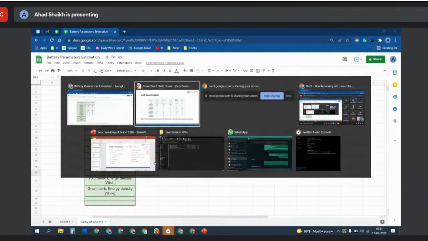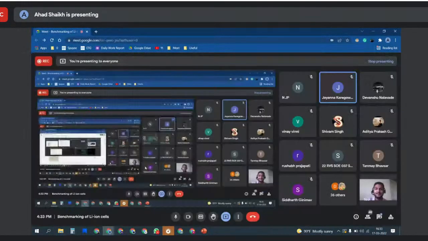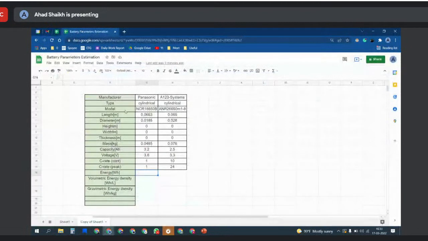So what parameters we have is from Panasonic, the cylindrical cell model that they have. Its length is given, and diameter is given, and mass, the ampere hour capacity, then voltage, continuous C rate, and the peak C rate.